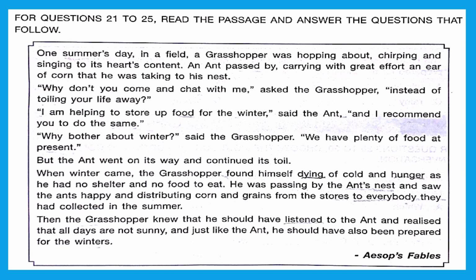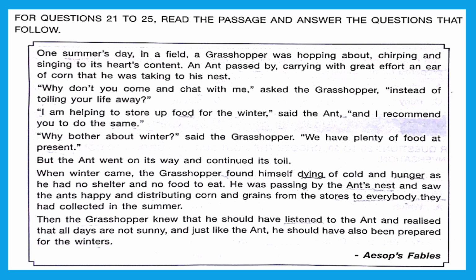"Why don't you come and chat with me?" asked the grasshopper, "instead of toiling your life away?" "I am helping to store up food for the winter," said the ant, "and I recommend you to do the same." "Why bother about winter?" said the grasshopper. "We have plenty of food at present." But the ant went on its way and continued its toil.